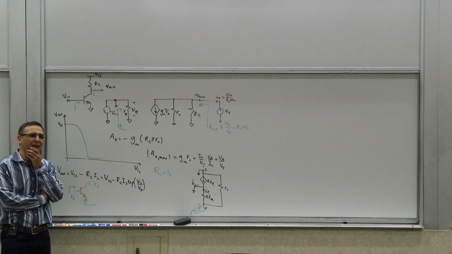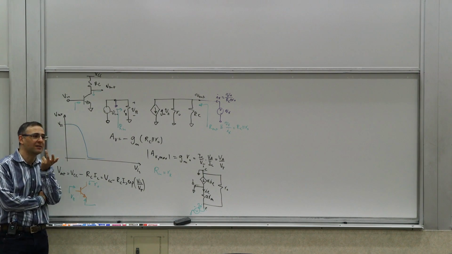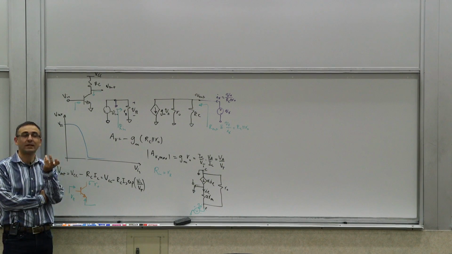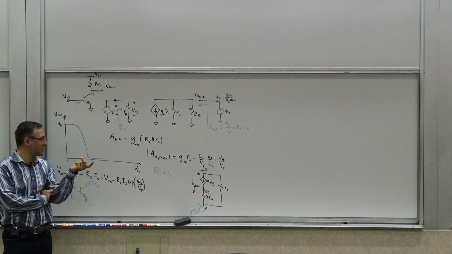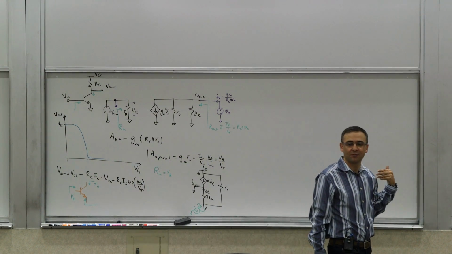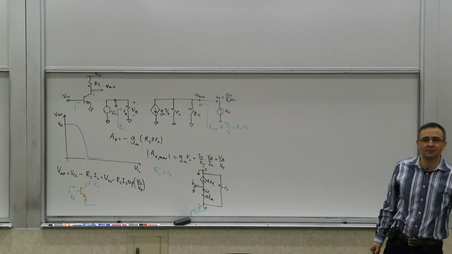But should I really worry about RO when I'm talking about Rm? Let's think about the values. What is Rm, let's say for 1 milliamp? 1 over GM, which at 1 milliamp is IC over VT. So 1 milliamp divided by 25 millivolts is 40 millisiemens. It's GM, so Rm is 25 ohms at 1 milliamp.